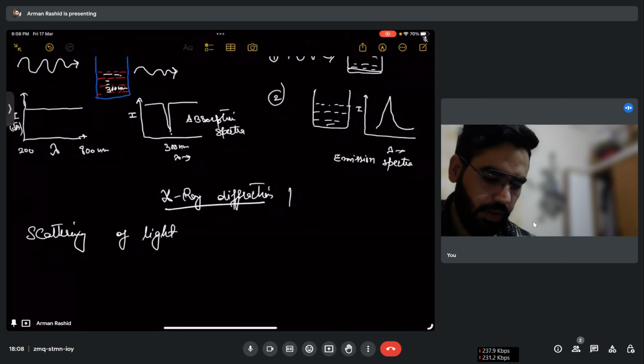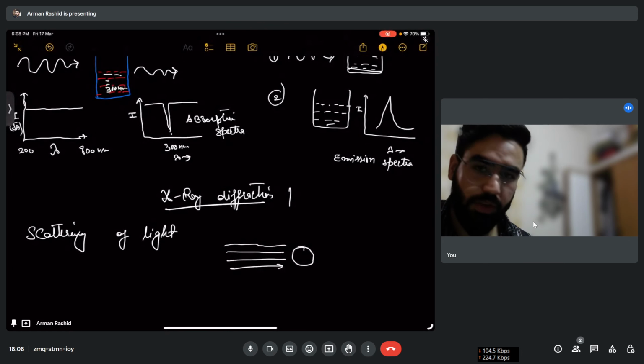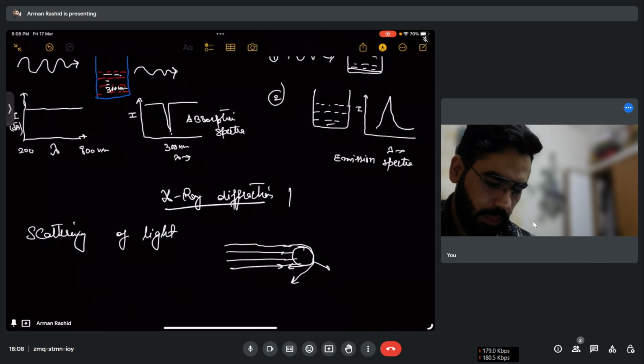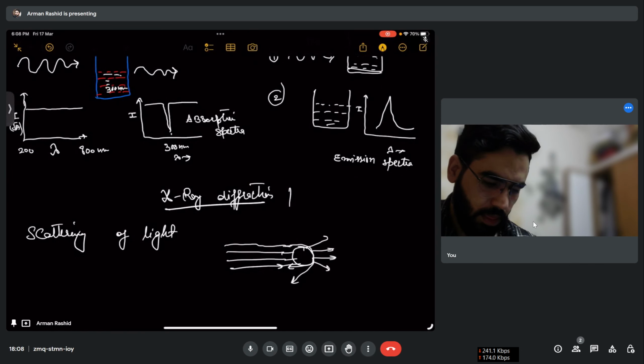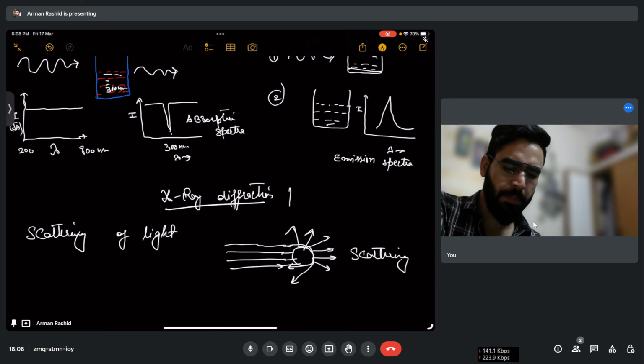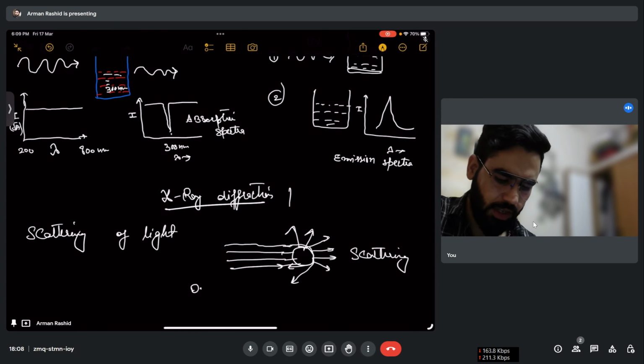For example, if you give some light to a particular object, this object will reflect it all over. This process is called scattering. So in X-ray diffraction, we are basically looking for diffraction patterns, diffraction of the light by lattice planes.